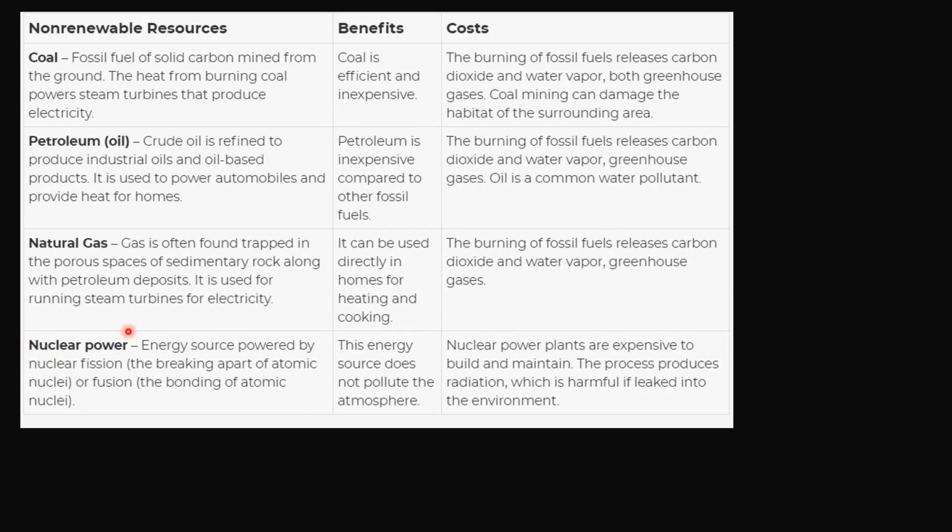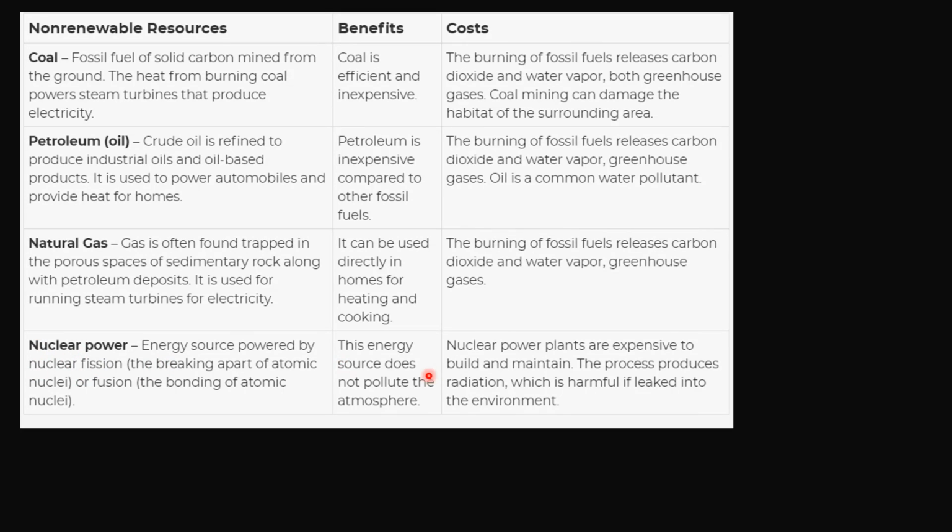Nuclear power is when you use the breakdown of radioactive elements like uranium or plutonium, stuff like that, to produce heat, and then that heat, again, turns water into steam and generates electricity through some kind of turbine.